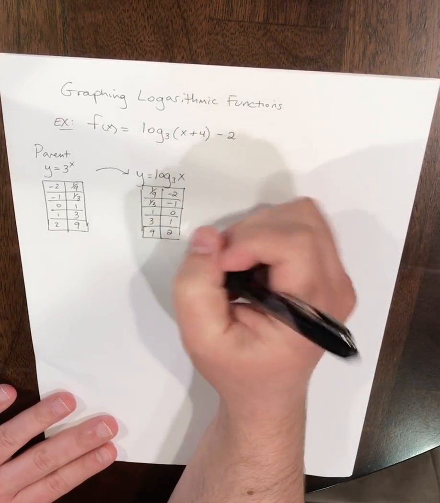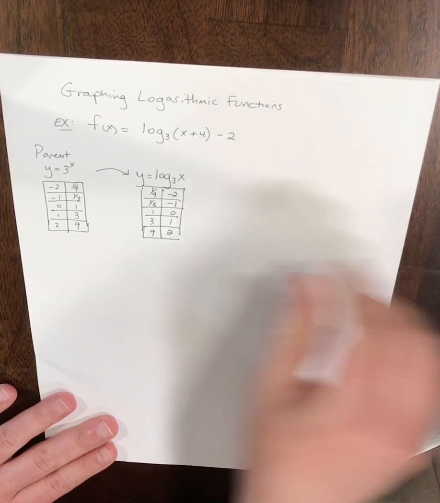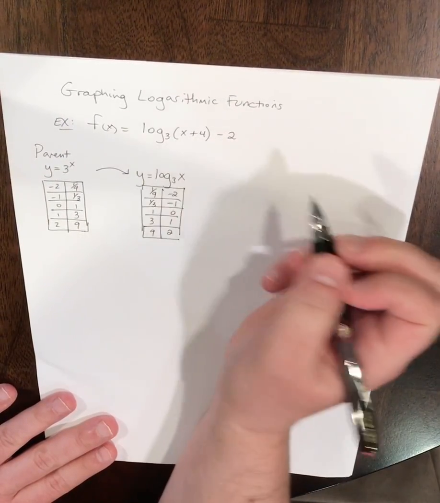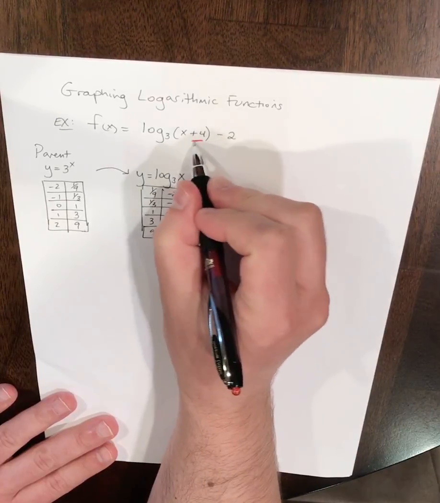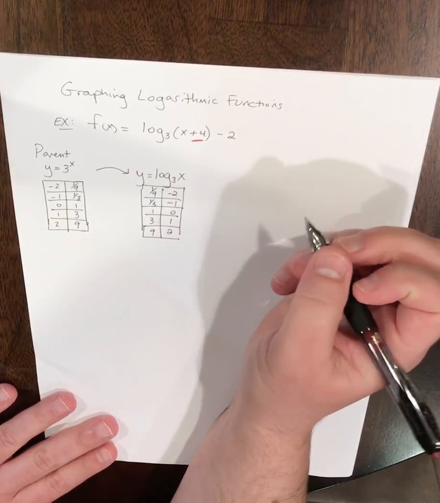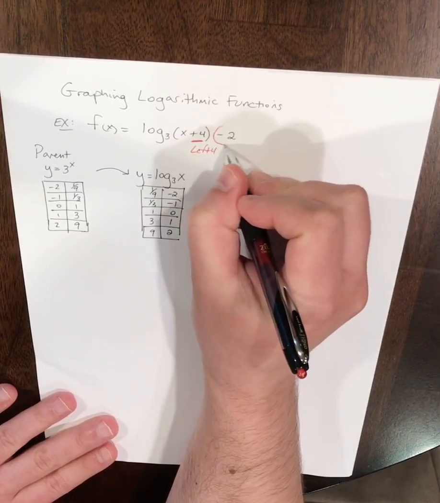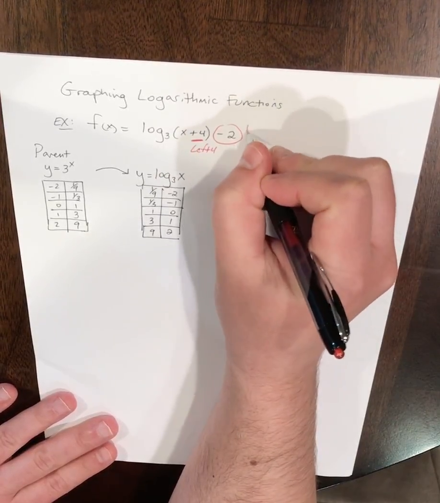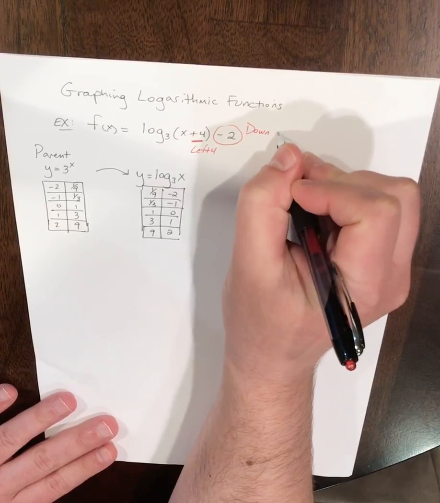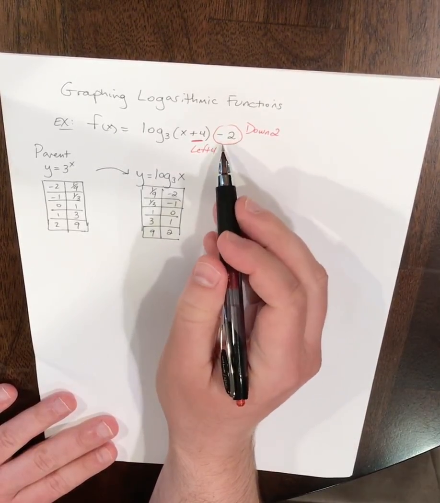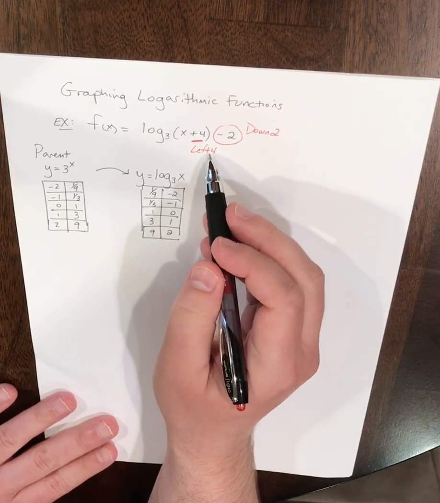Now, the next step has the same feeling as what we did when we graphed exponentials. You have to look at the action of the graph translation theorem. This plus 4 in here is telling you you are going left 4 units. And this minus 2 is telling you that you are going down 2 units. And then we place it where it belongs in the table.